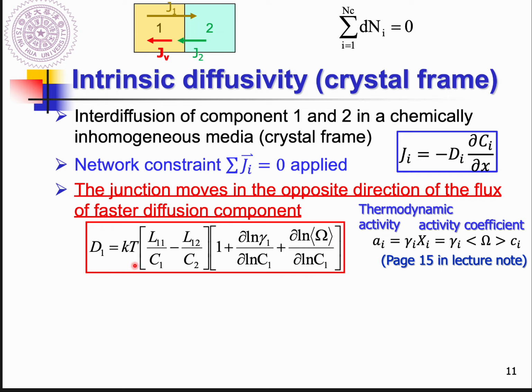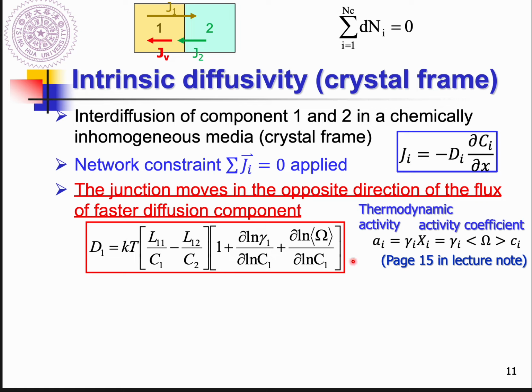It's a little bit similar to what you learned from the previous slide on self-diffusivity. Just substitute the star 1 with 2. It's identical, actually the same. So the first term is a self-diffusivity. We just change the star 1 to 2.